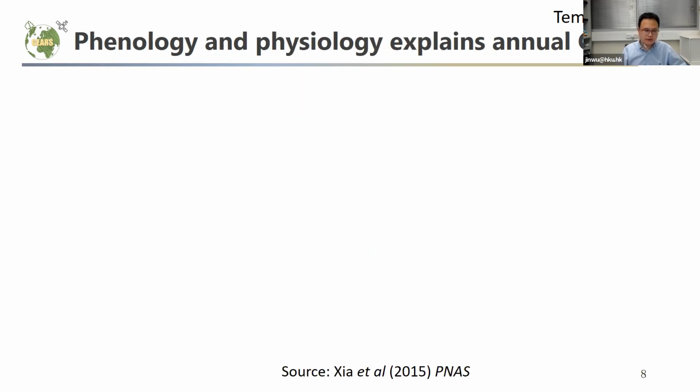And like the empirical observation shown here, Zhen Yang and his colleagues did some really nice analysis in 2015. The main idea is they tried to understand the linkage between phenology and annual GPP at the large spatial scale.